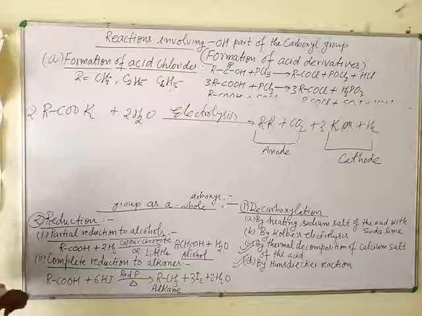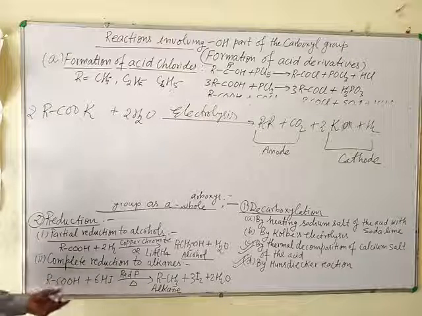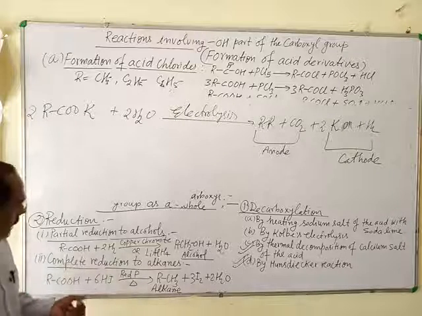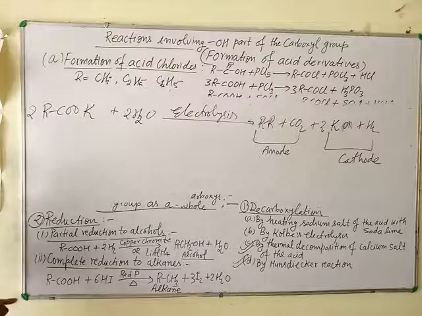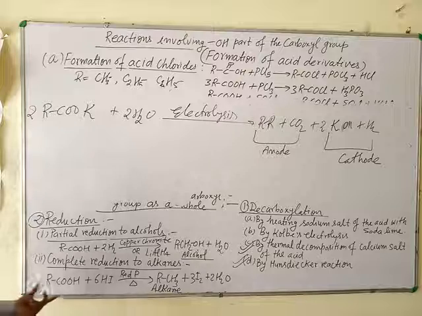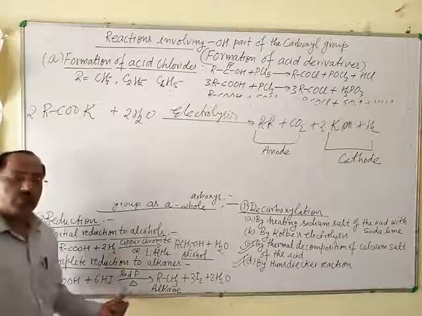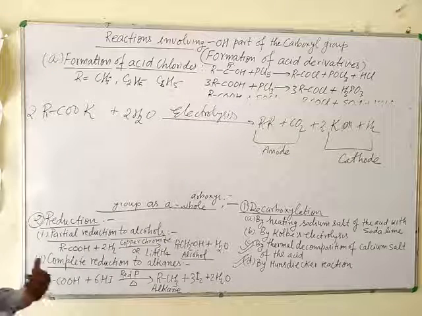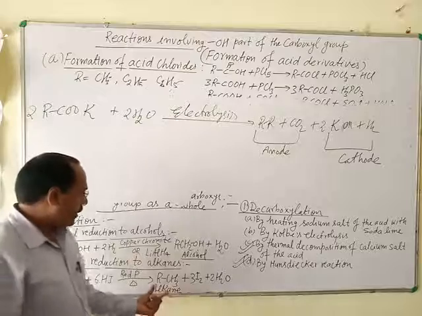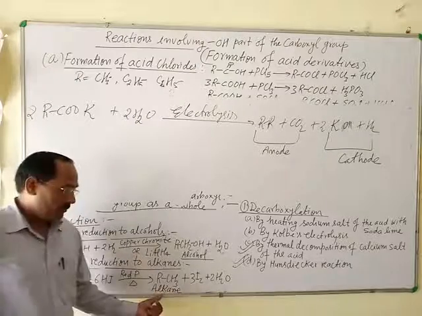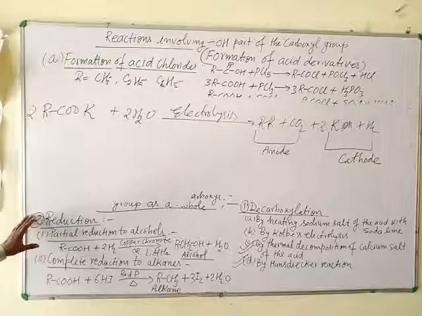Complete reduction of carboxylic acid can be carried out with the help of HI and red phosphorus, hydroiodic acid and red phosphorus. When a carboxylic acid is reduced with HI in presence of red phosphorus, complete reduction takes place and the corresponding alkanes are obtained. This is complete reduction of carboxylic acid.